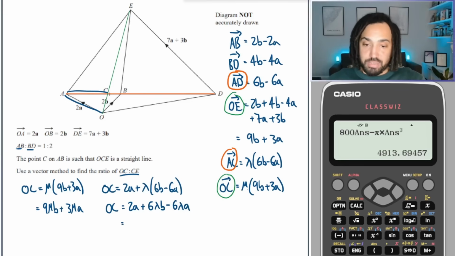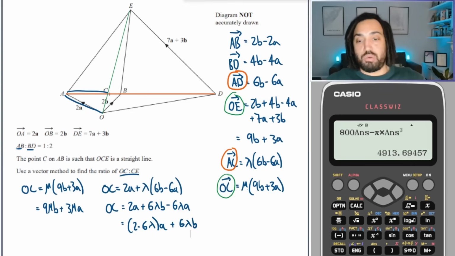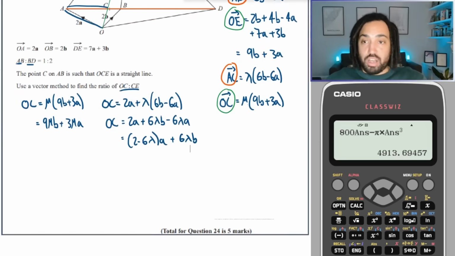And I can collect up the A's. I can factorize an A here. And by doing so, I will get 2 minus 6 lambda A and then plus 6 lambda B. Okay, well, why am I doing this? Well, OC is OC. And it's the same, so these two things must be equal. And we can compare coefficients. So the amount travelled in the A direction must be the same on both sides.